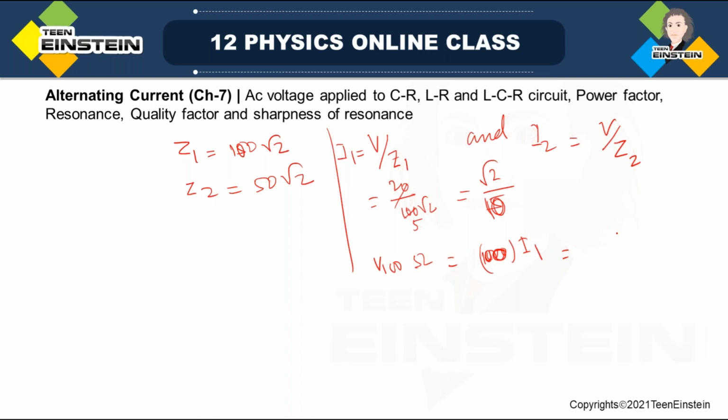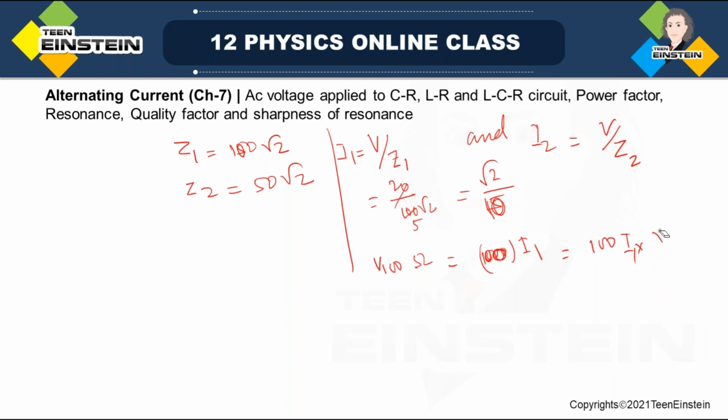This is 100 into I1. Now we know what is I1.